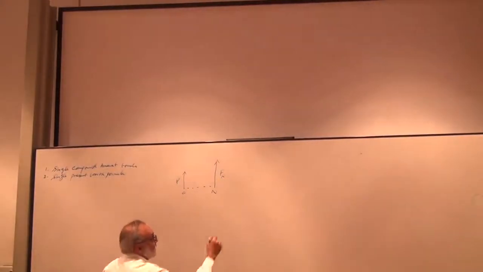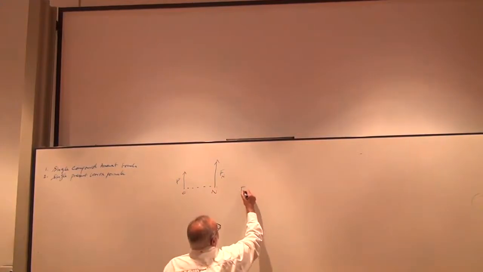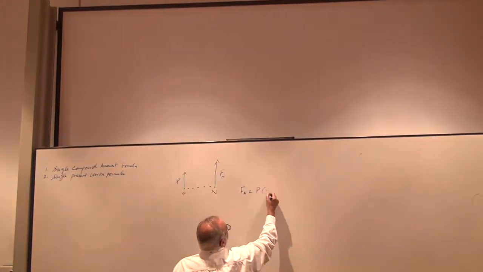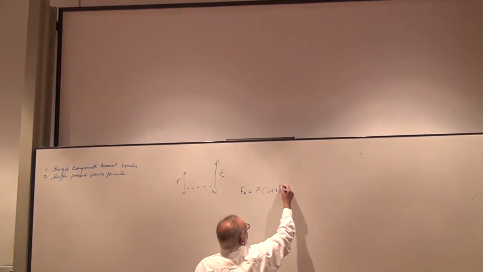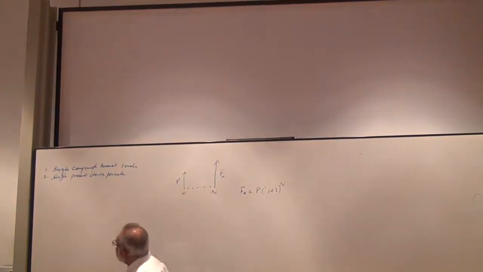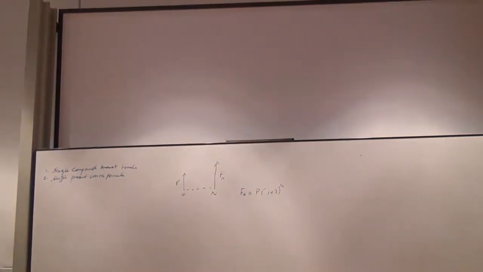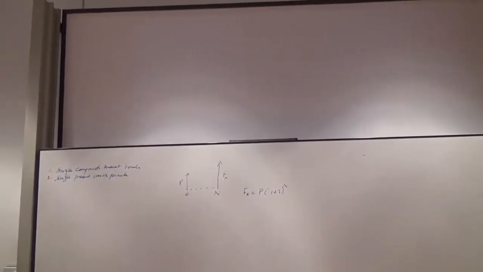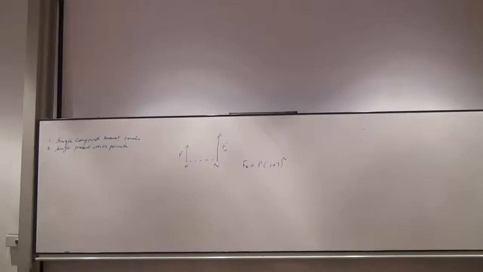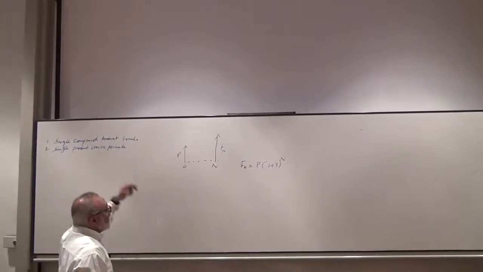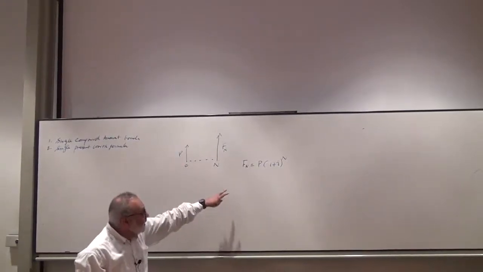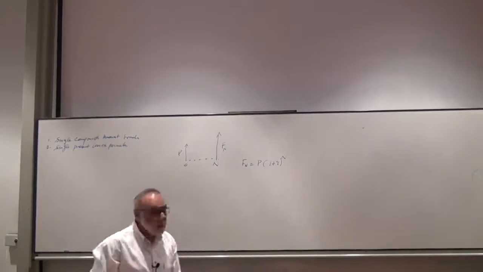So it is Fn is equal to P into 1 plus I raised to power n. I is the interest rate, and n is the number of periods, P is present value, F is future value. This is the single compound amount formula. Single payment is there, and this is our equation.